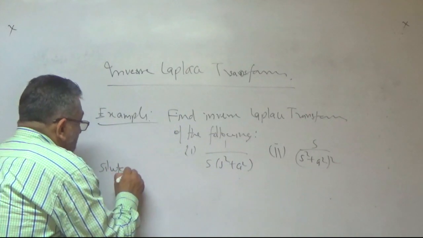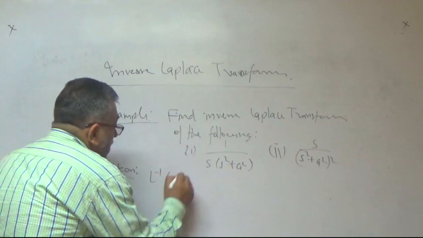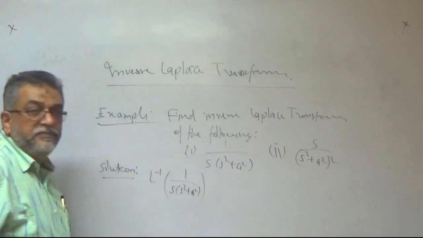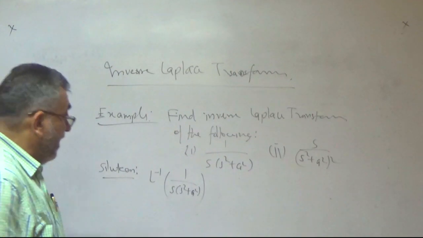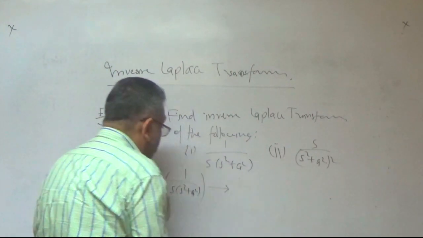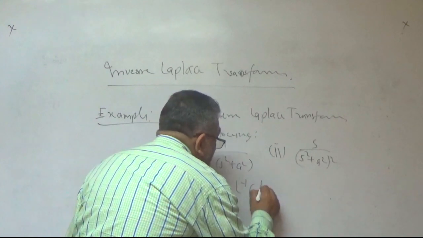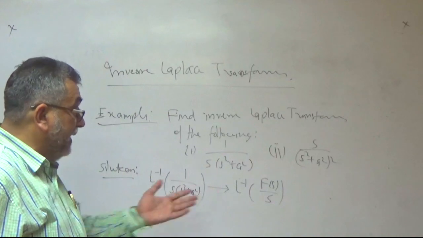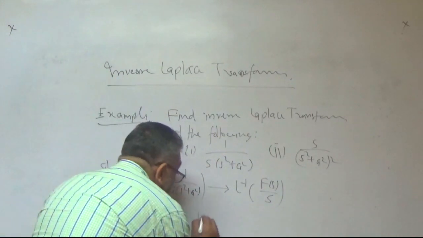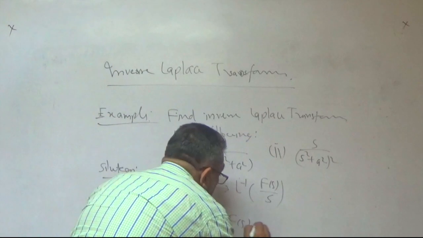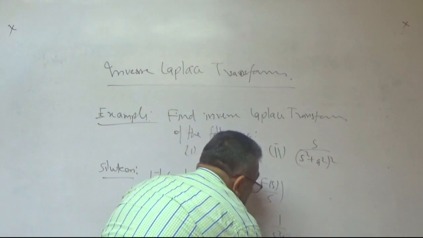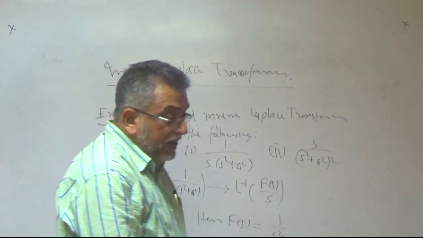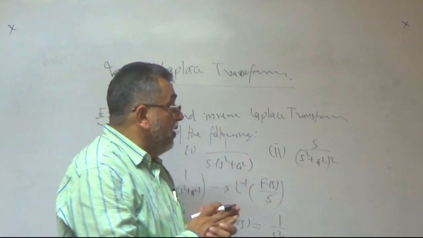In the first part, actually we have to find the inverse Laplace transform of 1 upon s times (s square plus a square). If you see this, it is of the type inverse Laplace transform of F(s) upon s, so you can put it into this form. Here F(s) is equal to 1 upon s square plus a square, and we have a property, the Laplace transform of an integral.